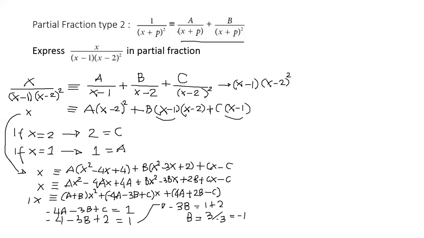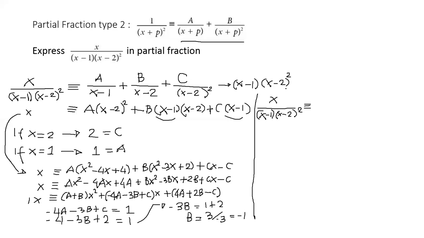Now look at this. It means these expressions, x over x minus 1 times x minus 2 squared, we may convert into partial fractions.